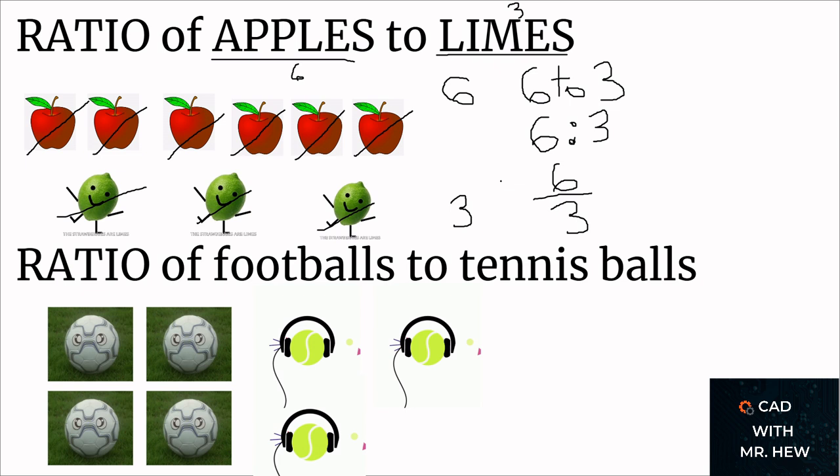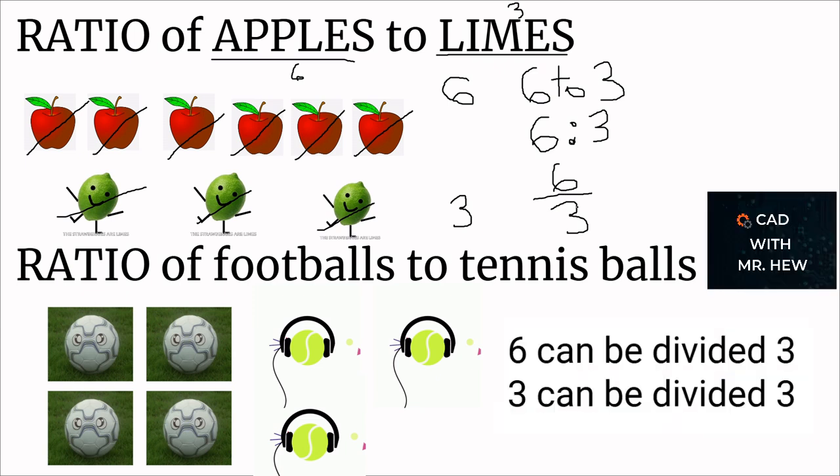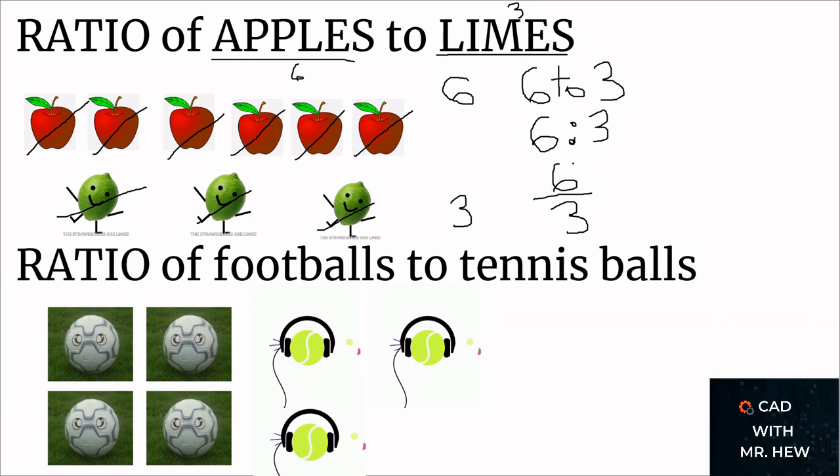Now, like fractions, we need to simplify the ratio. So we need to find the highest common factor for 6 and 3. 3 can be divided by 3 and also 6. 3 into 6 is 2, 3 into 3 is 1.